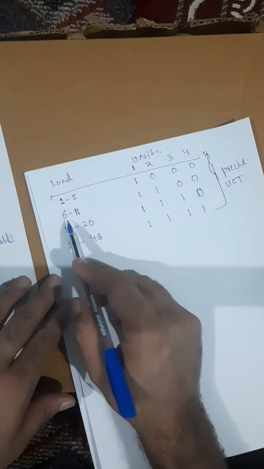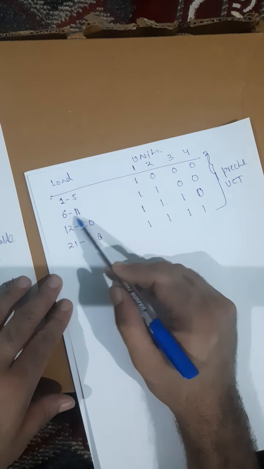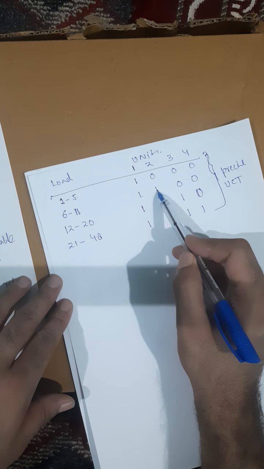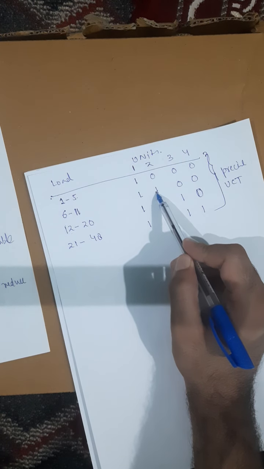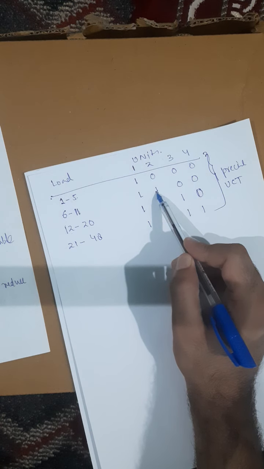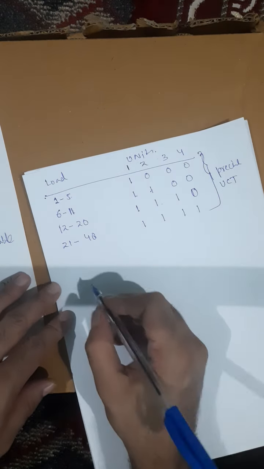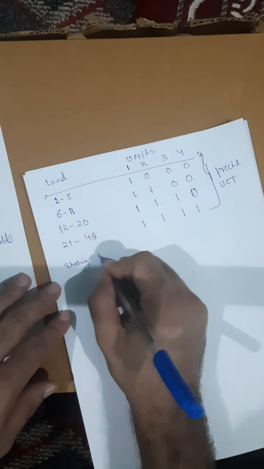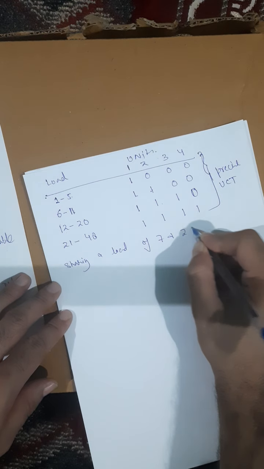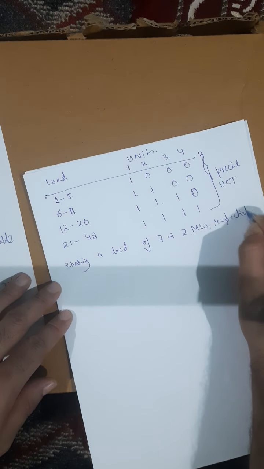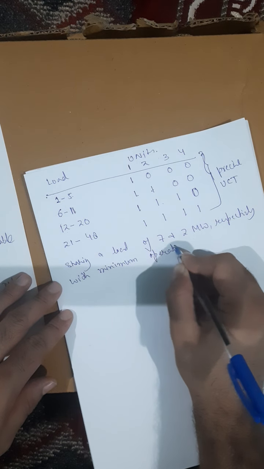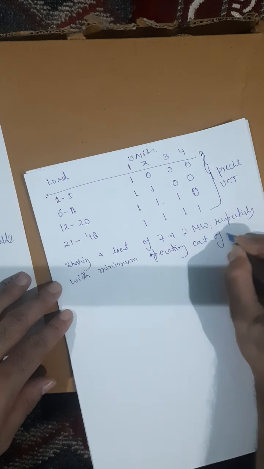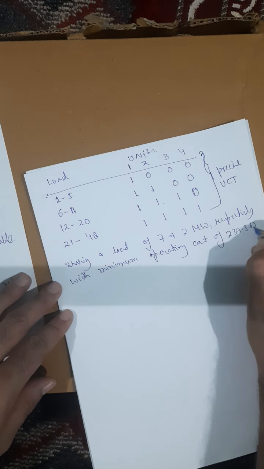So for 9 megawatt, the load will be shared: 7 megawatt will be supplied from unit number 1, and 2 megawatt will be supplied from unit number 2, and the minimum operating cost was around 239.565 rupees per hour.